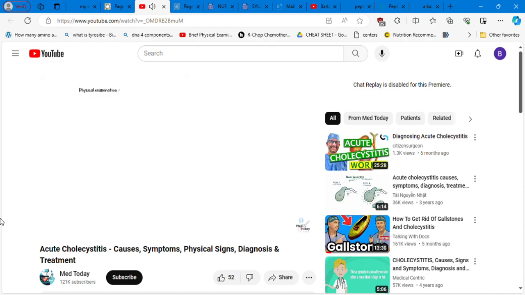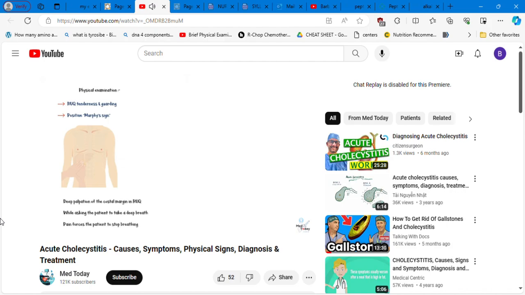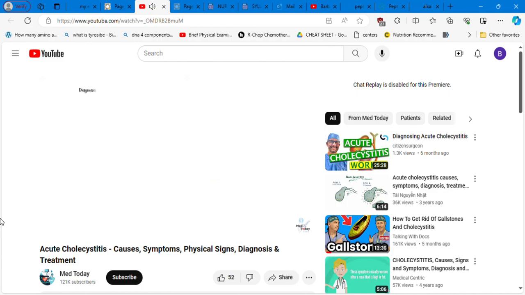Physical examination findings include right upper quadrant tenderness and guarding and a positive Murphy's sign. This sign is elicited by deep palpation of the costal margin in the right upper quadrant while asking the patient to take a deep breath. The pain in acute cholecystitis forces the patient to stop breathing. Additional findings may include a palpable gallbladder and jaundice. Diagnosis of acute cholecystitis can be made with clinical features and investigation findings.